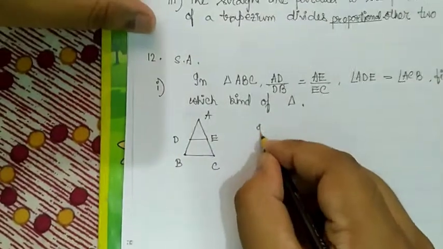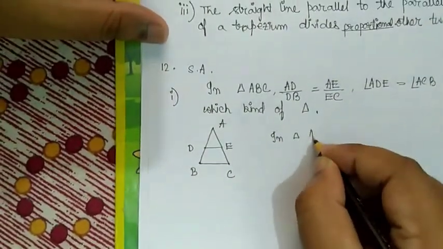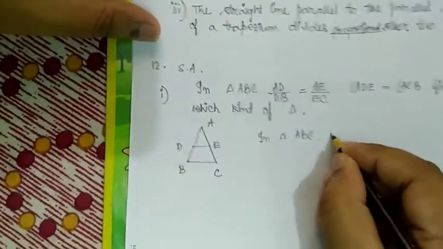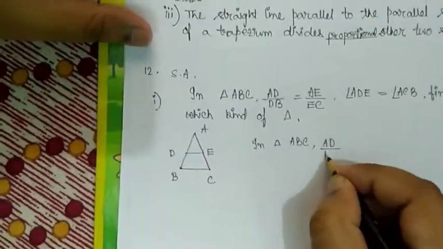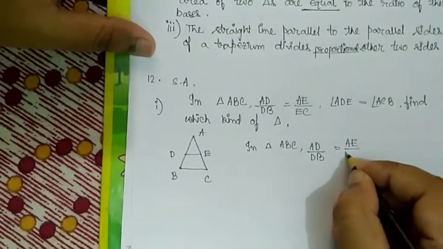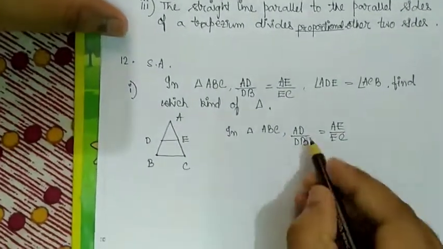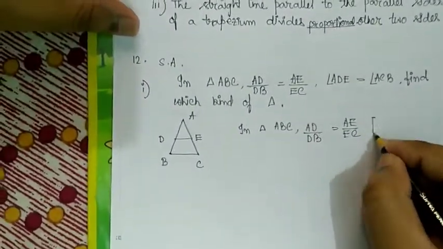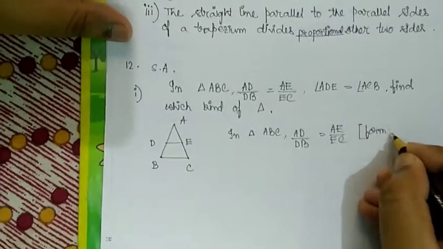Now in triangle ABC, AD by DB is given equal to AE by EC. This is given. Now you see, this is the formation of Thales theorem.